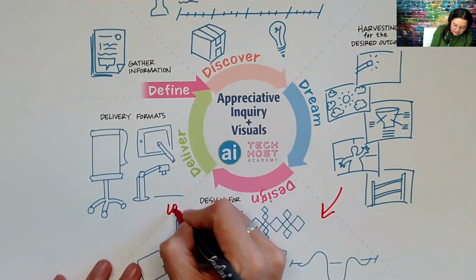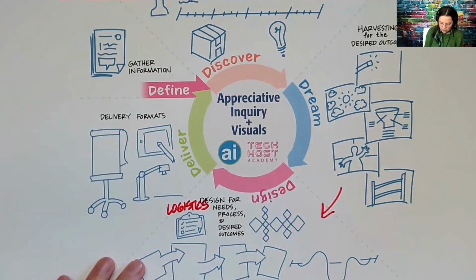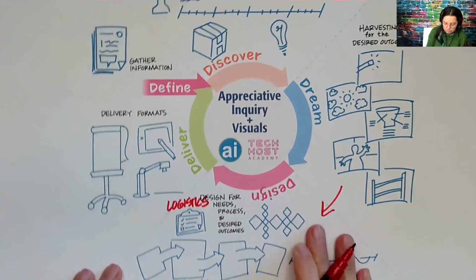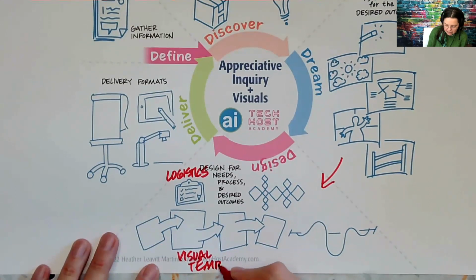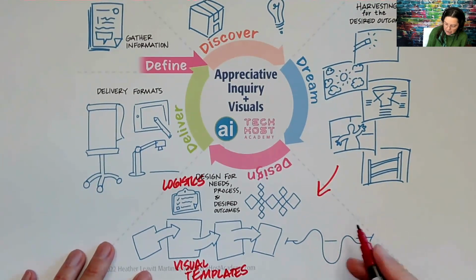Melissa talked about logistics. This is really important. We talked about visual templates, and we're going to talk more about those today, specifically around meeting the needs of the client and the desired outcomes. But we also want to be able to figure out how we are going to be managing the energy of the group?